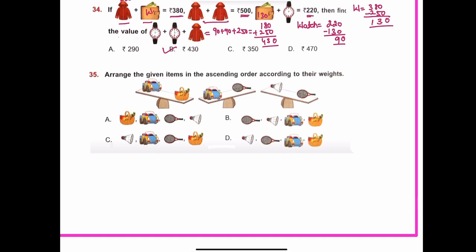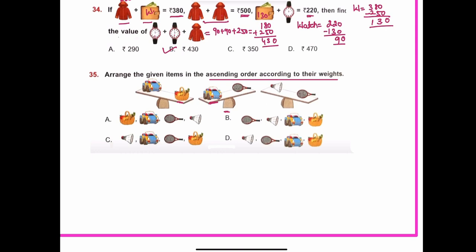Question 35. Arrange the given items in ascending order according to their weights. Ascending order means start from the lightest one, the lighter, then heavier, and the heaviest. If we see carefully, in the first arrangement the fruit basket is heavier, and in the second arrangement the toy car is heavier.